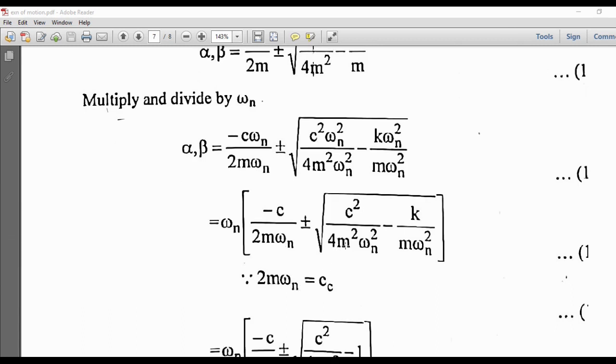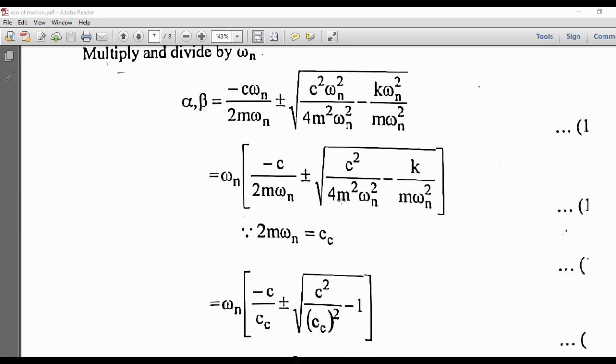So this becomes cc square, because it's 4m square omega n square. And again I have 2m omega n here, so this becomes omega n into minus c by cc plus c square divided by cc square. And over here we have k divided by m omega n square.